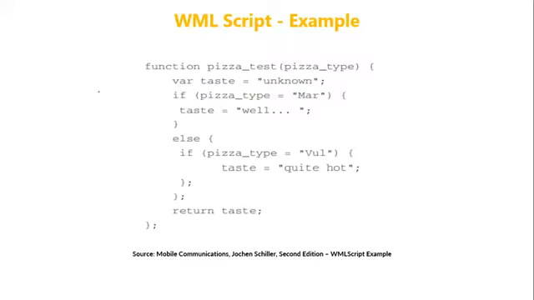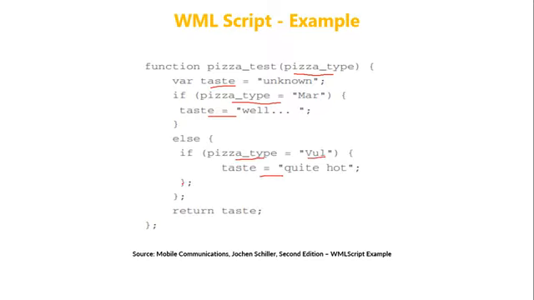Let us see the code here. This is a function. The name of the function is pizza underscore test. It takes an argument pizza type, and here is the local variable taste, which is initialized with unknown, and then it checks whether pizza type is equal to MAR. If it is MAR, then taste is set to well. Else, this part will execute. Here we are checking if pizza type is equal to VUL. If it is VUL, then taste is set to hot.